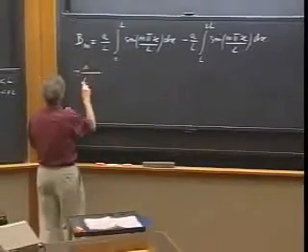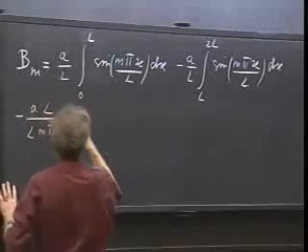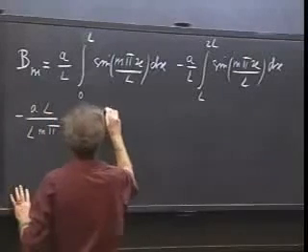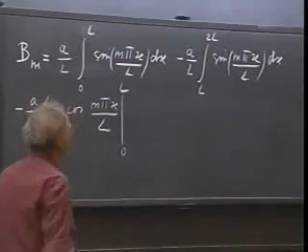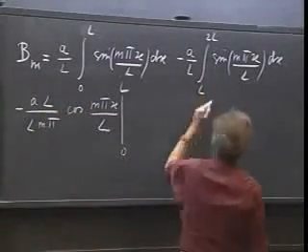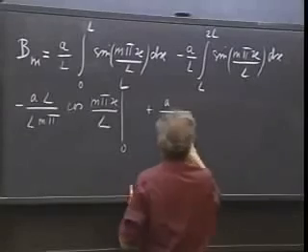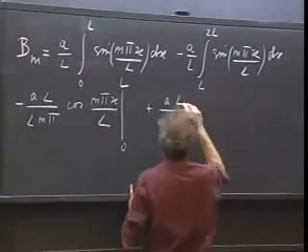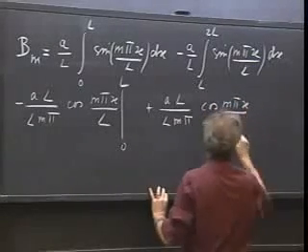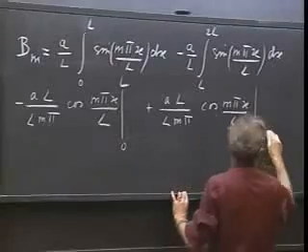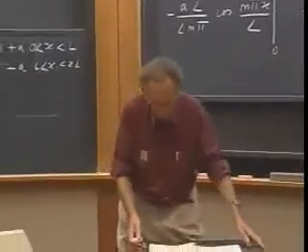So I get an a divided by L out, and I get m pi downstairs, and I get L upstairs, and then I get the cosine of m pi x over L. And I have to evaluate that between 0 and L. And here I get a minus sign out, so I get plus a divided by L, I get m pi downstairs, I get L upstairs, and then I get the cosine of m pi x divided by L, and I have to evaluate that between L and 2L. That's all I have to do. That is the integral, a very simple one.